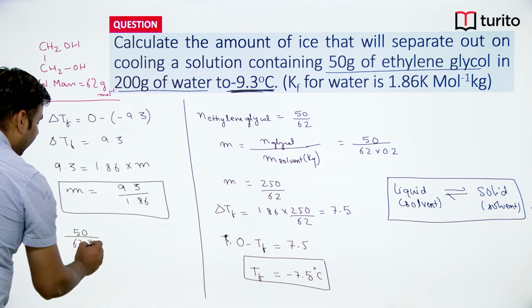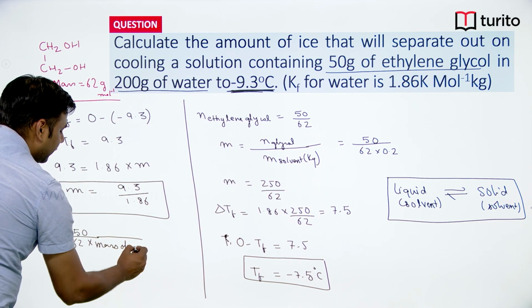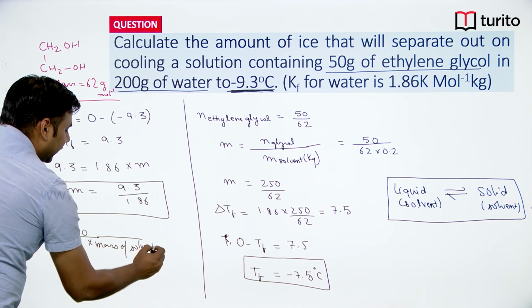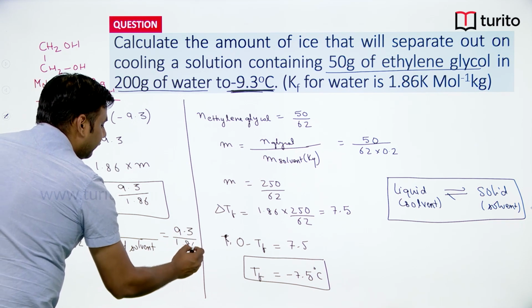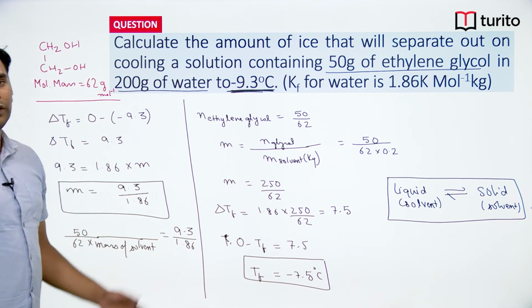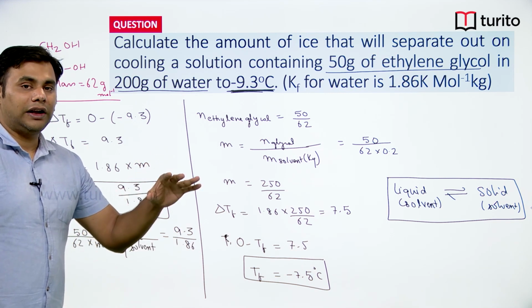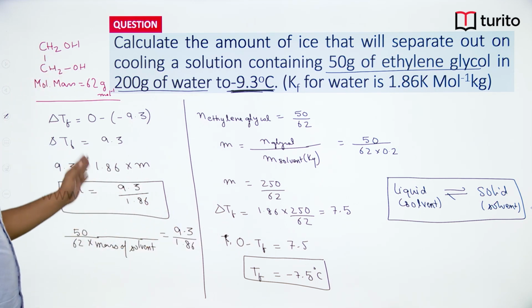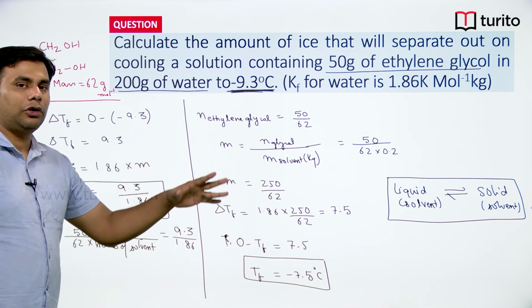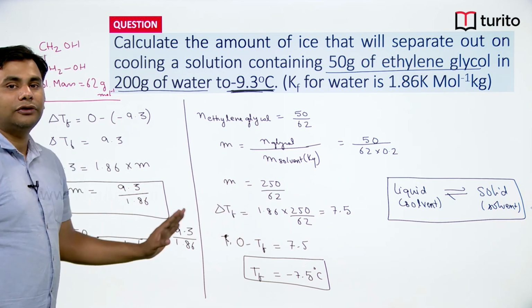Now we don't know the mass of solvent over here, because some amount of liquid solvent has already converted into ice, so we don't know the value of that mass. The mass of solvent in kg, we have to take of the liquid only, because we are forming a liquid solution. Because the solution has frozen, some amount of water has changed into solid, so we don't know the mass of the liquid.